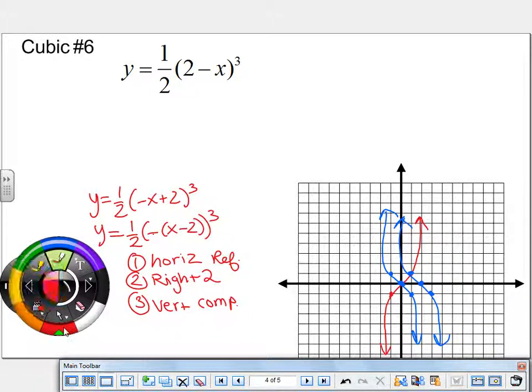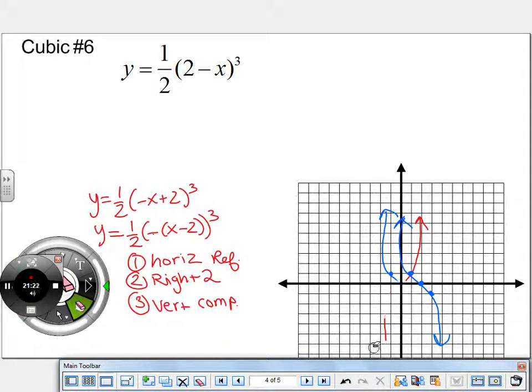And then we want to go ahead and we want to vertically compress. So that means we're only going to change the vertical distance of the points. So looking at what we have so far as what's going to be our final graph, this blue curve here. Okay? If we want to vertically compress the points, what we want to do is keep our vertex in the same place. And we want to change how high or how low, how far away vertically the points were that we were graphing around it. So they were one above on this side, one below on the other side.